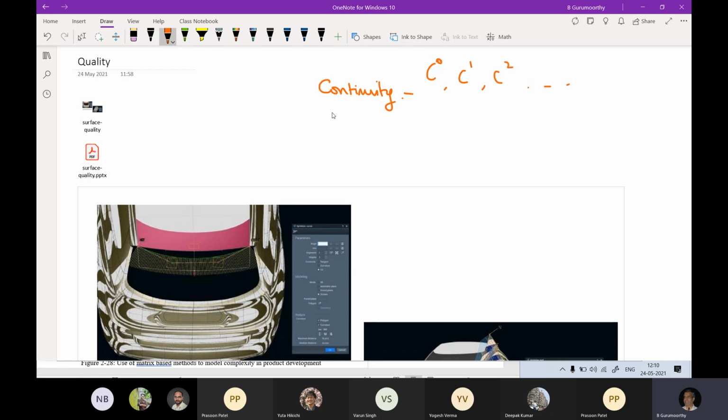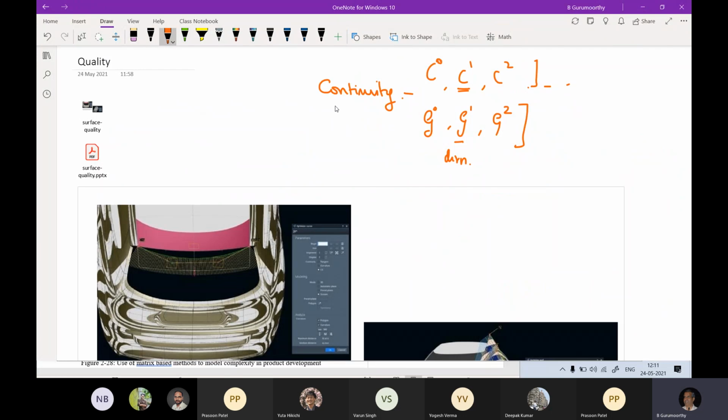We have also seen that there is a little amount of relaxation offered to the designers, where the application allows so-called geometric continuity, wherein it's not that the magnitude and the direction are the same on either side of the junction, as in C1 and C2, but rather only the direction is maintained, so that the magnitude not matching allows additional degrees of freedom to manipulate the shape of the curve or the surface. So this is a more relaxed constraint than the C1, C2 continuity requirements.